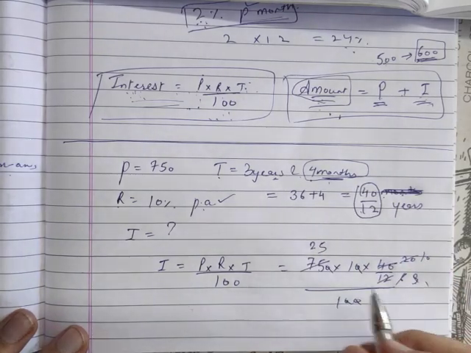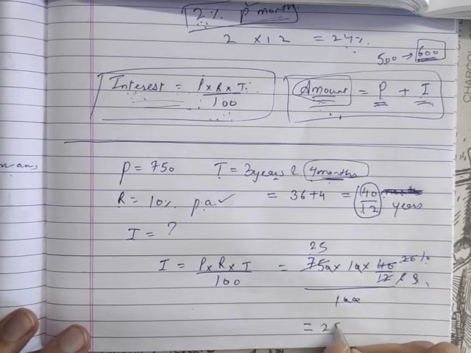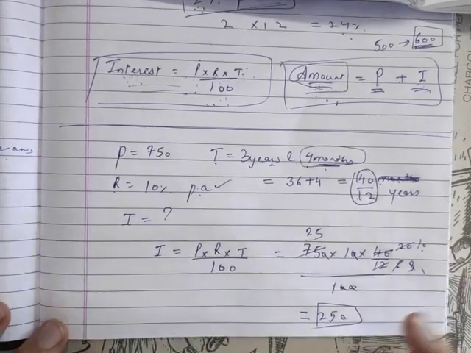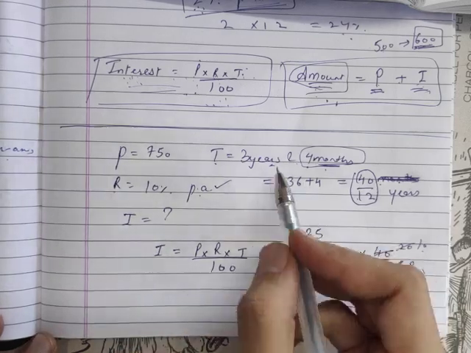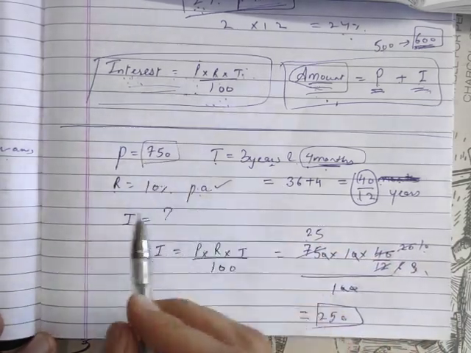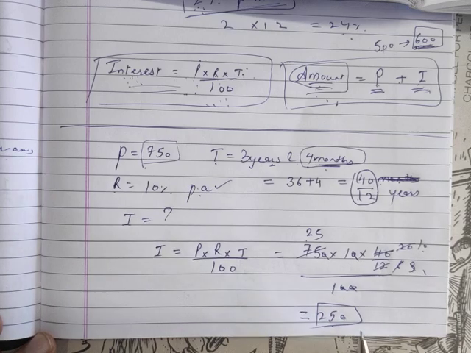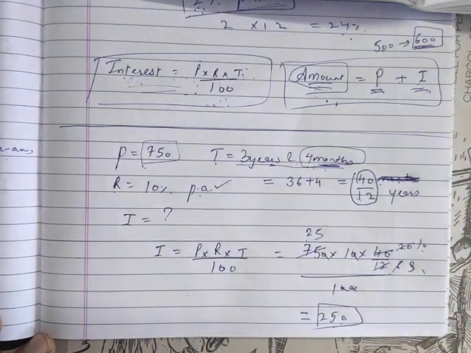So I'm left with what? 25 into 10. So answer is how much? 250. Got the answer. What is this answer? 250. This is the interest that somebody has to pay on 750 rupees. 750 रुपए पे उसको 250 रुपीज इंटरेस्ट पे करना पड़ेगा. कितने टाइम के बाद? ये गिवन टाइम के बाद, 3 साल और 4 महीने के बाद.